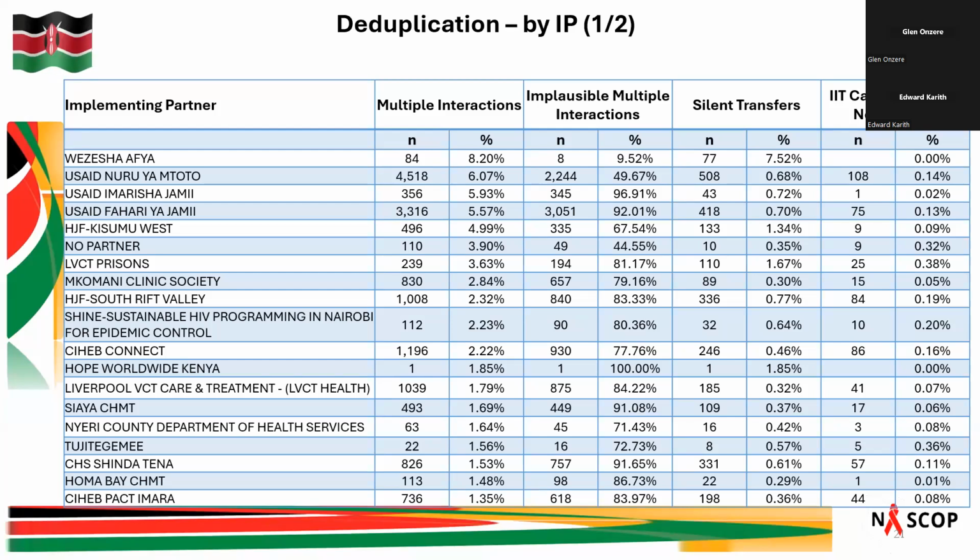But we have LVCT Prison taking the lead with the highest proportion of IIT cases posing as new. So in summary, we see that NUPI is instrumental in the deduplication efforts, and we all know the implication of this in the efficiency and quality of healthcare delivery.